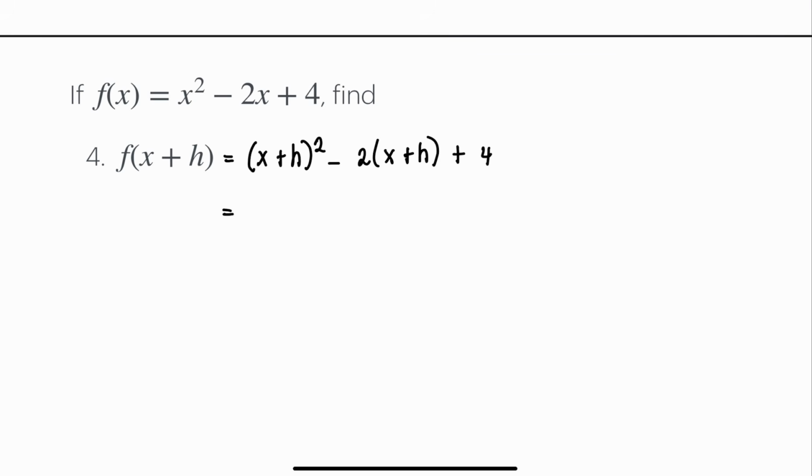So raising x plus h to the power of 2, we get x squared plus 2hx plus h squared, and then multiplying is minus 2x minus 2h plus 4. And then we try to see if we can combine any similar terms. So there is none. So therefore, that would be our f of x plus h.